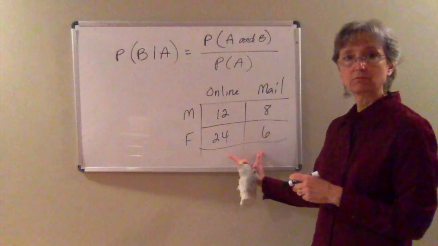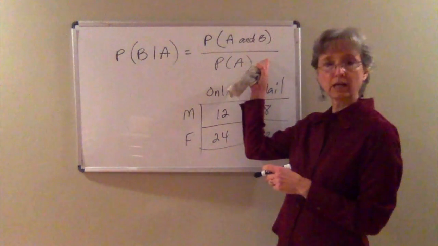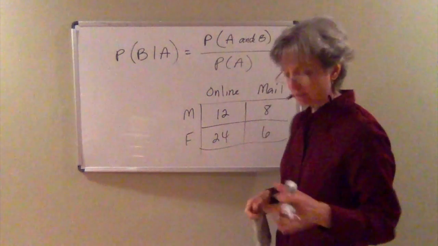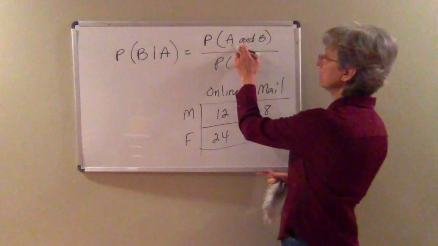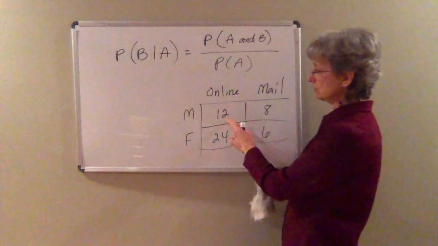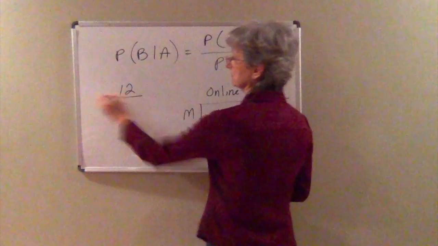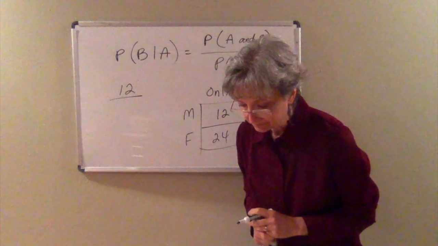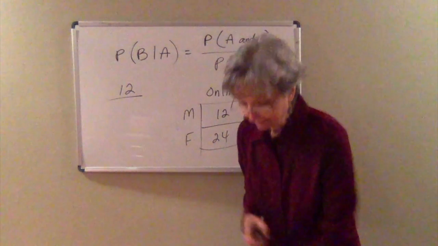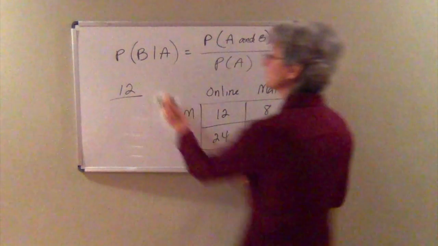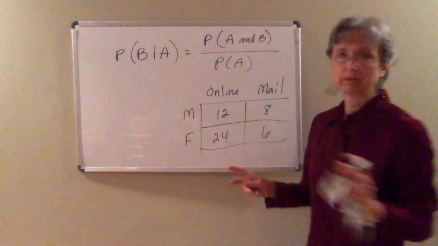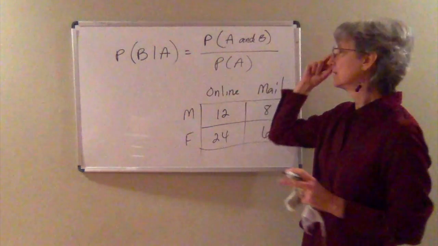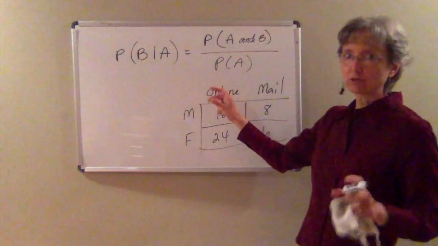Looking at this type of situation, the top number is male and online, which would be 12, right? And then the given that, oh, wait a minute, it's not 12. Sorry, it's not 12 because this is a probability. Yikes, sorry about that. I told you it gets confusing.